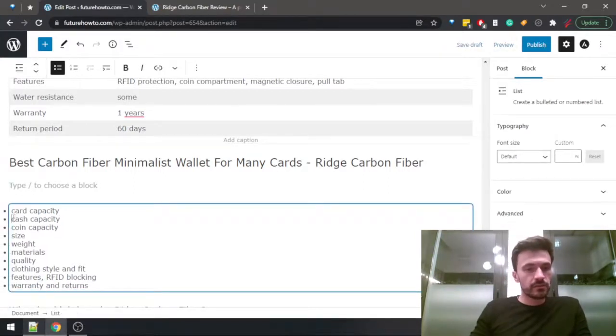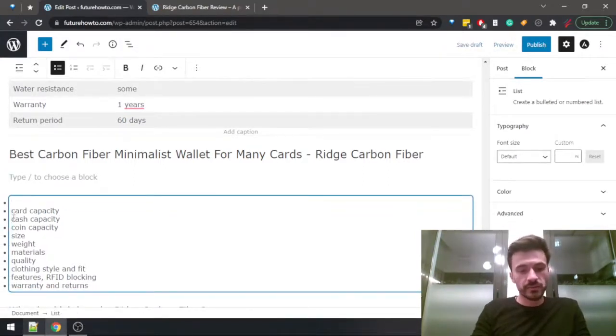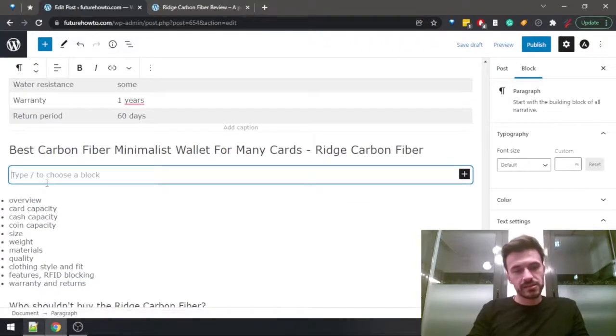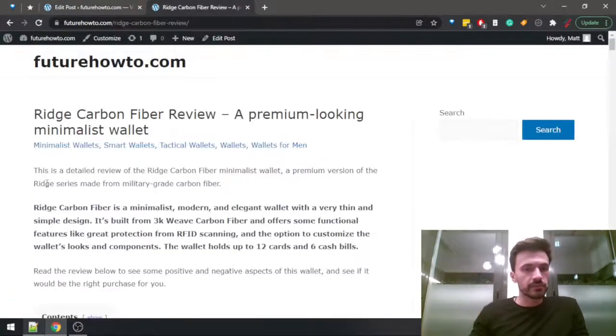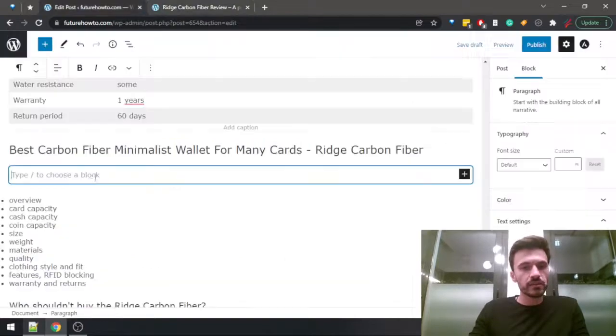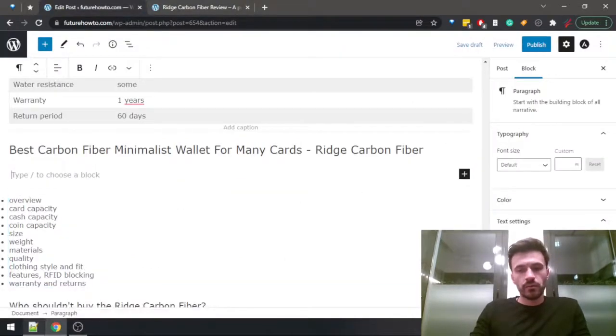Maybe I should have done it like this, maybe like an overview. Just one opening sentence that introduces the product a little bit, and then we go into the features and all of that. So yeah, let's do it like that. What can we say here?